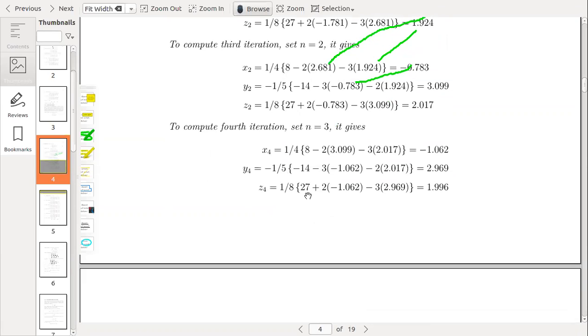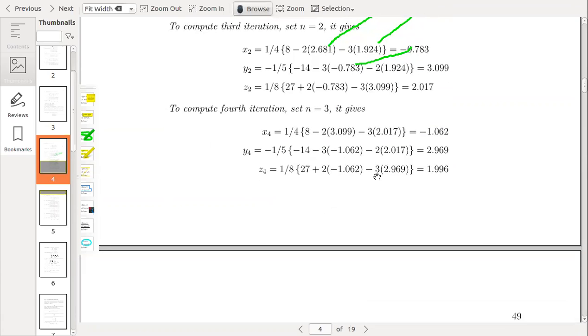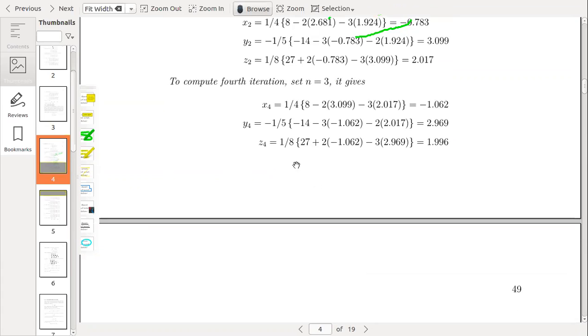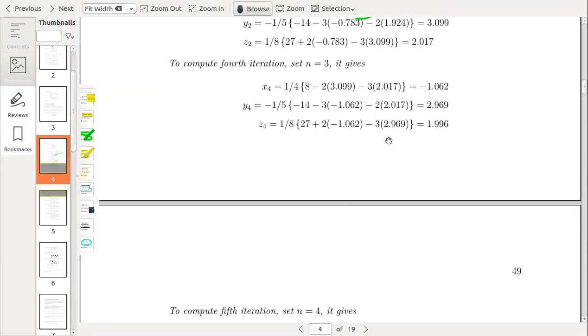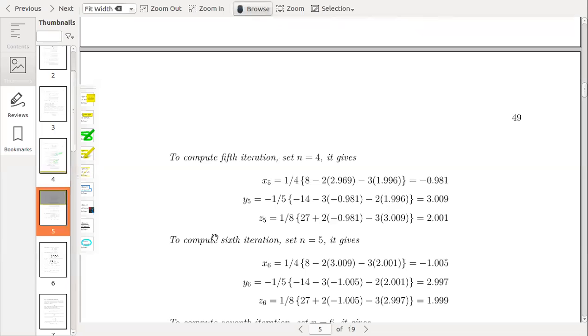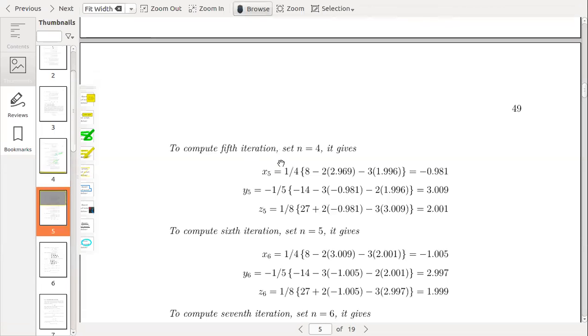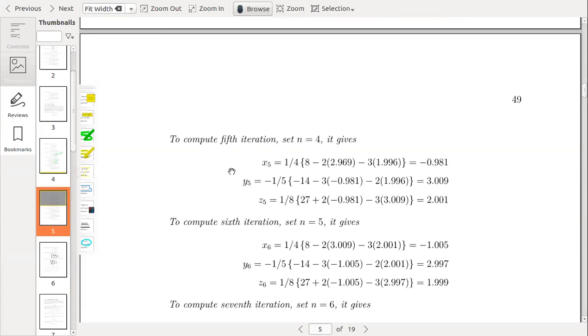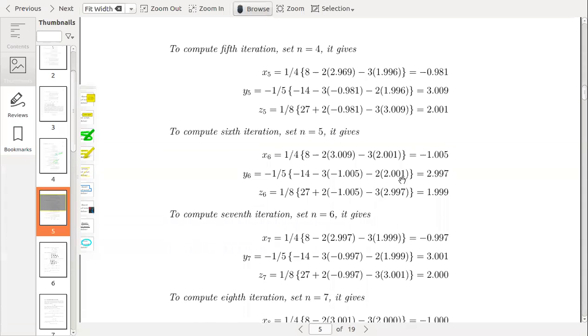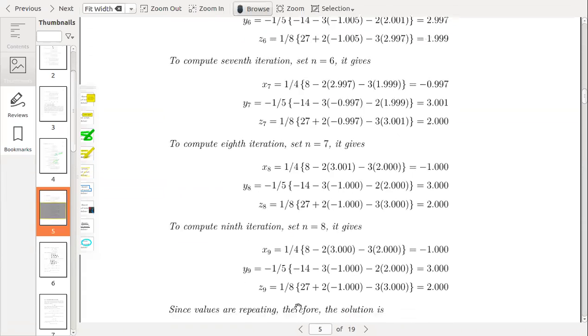Y4 is equal to minus 1 by 5, minus 14 minus 3 into minus 1, and z4 is equal to 1 by 8, 27 plus 2 into minus 1.062 minus 3 into 2.969, equal to this one. To compute the fifth iteration, set n is equal to 4, it gives this one. So we compute in a similar way.